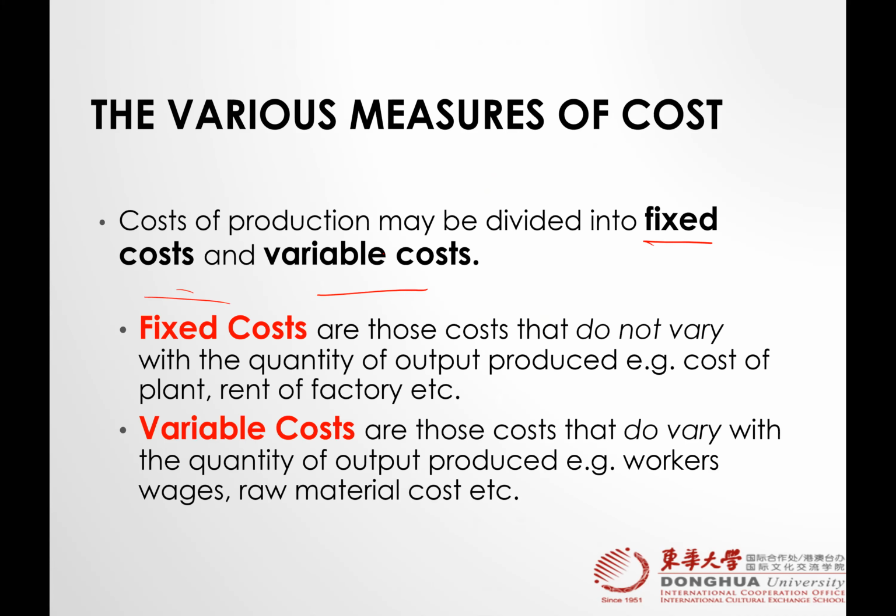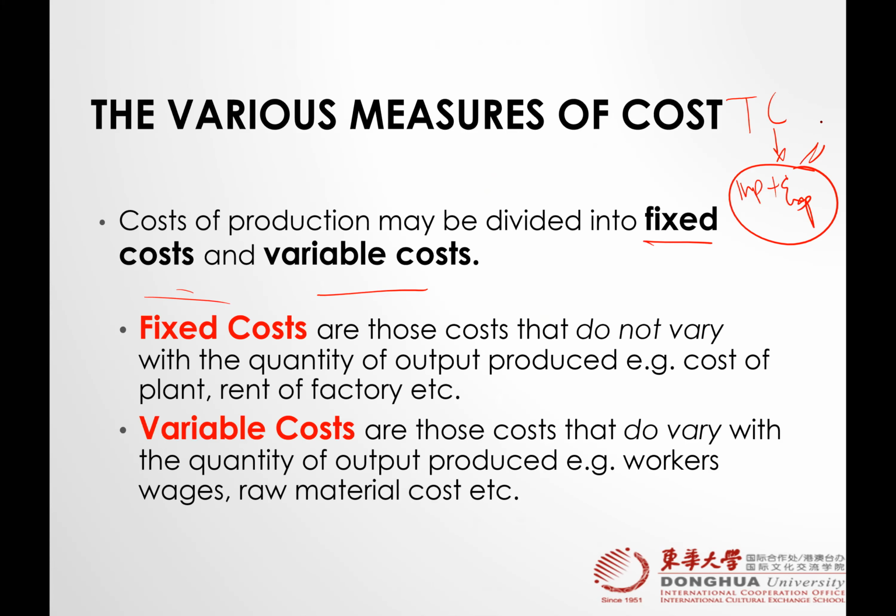From now on, the concept of implicit and explicit cost is already embedded. Whenever we talk about total cost in economics, it already includes both implicit plus explicit. So remember that. That's why the accounting profit is more than the economic profit.